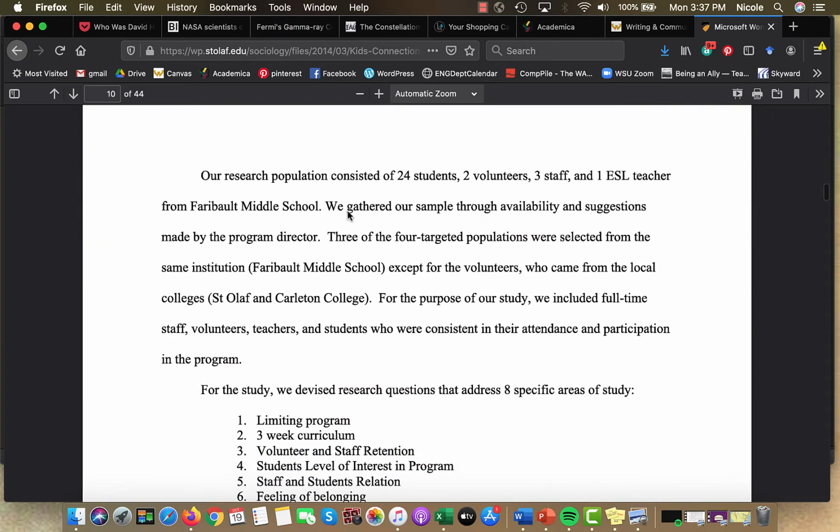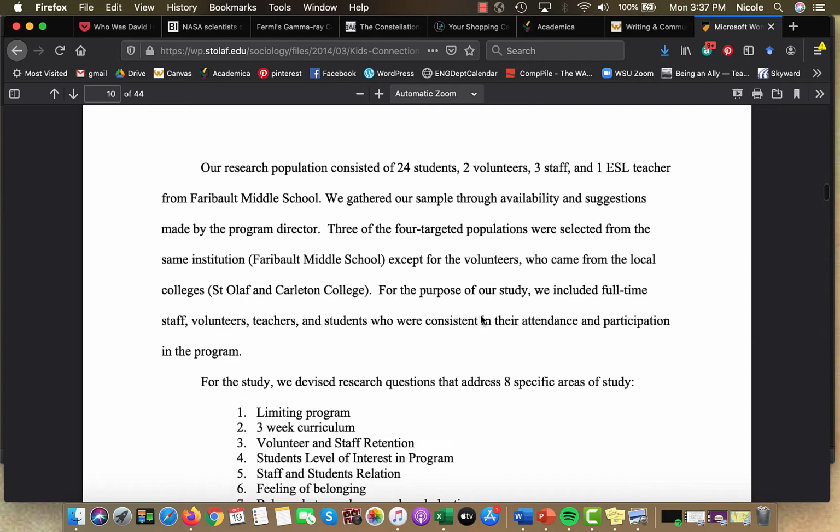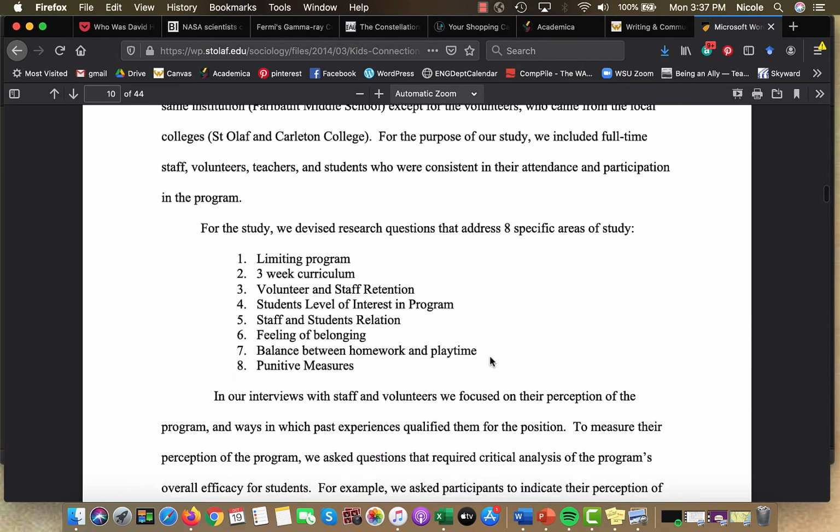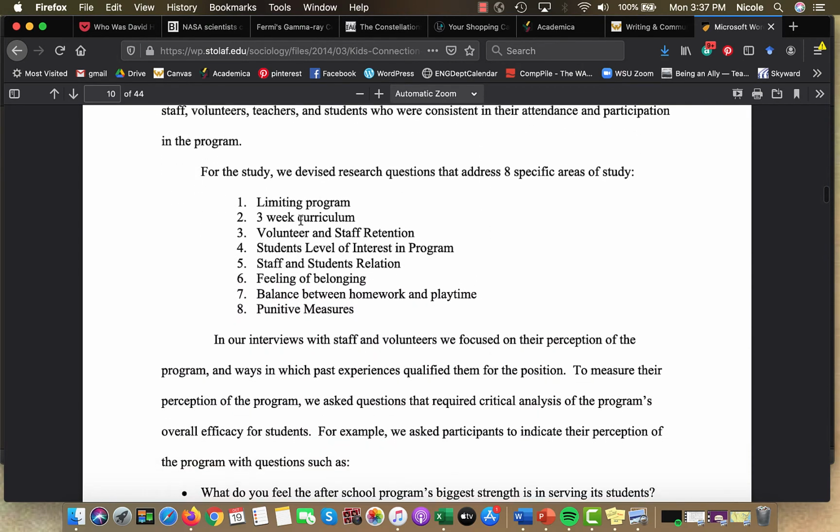Now we're going to talk brass tacks, numbers. Research population, 24 students, 2 volunteers, 3 staff, and 1 ESL teacher. So, even if you don't have these kinds of numbers, it's important to be as specific as possible. And then something that's also really nice that's going on here is that there are specifics about the types of questions that were asked.